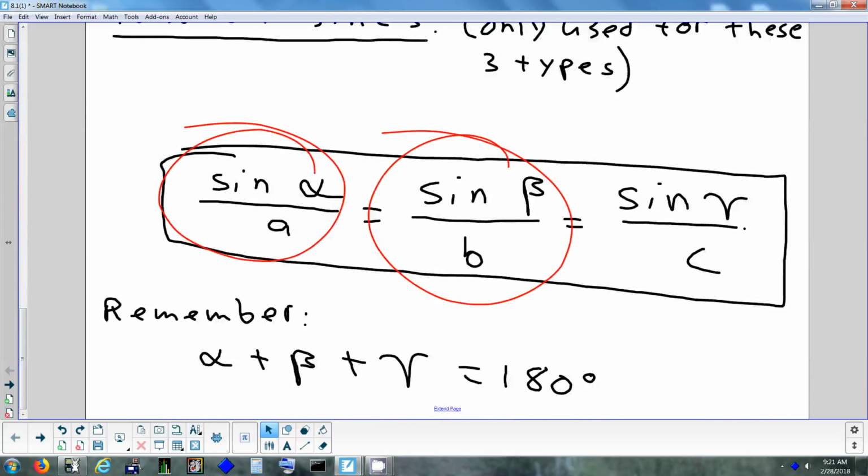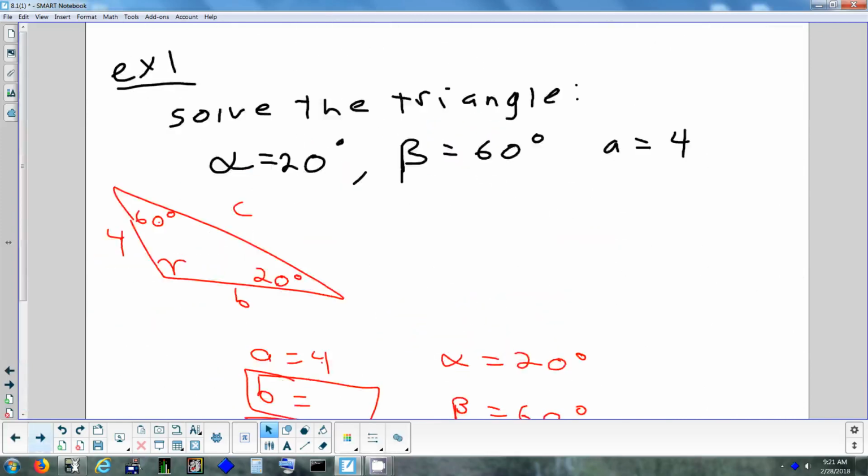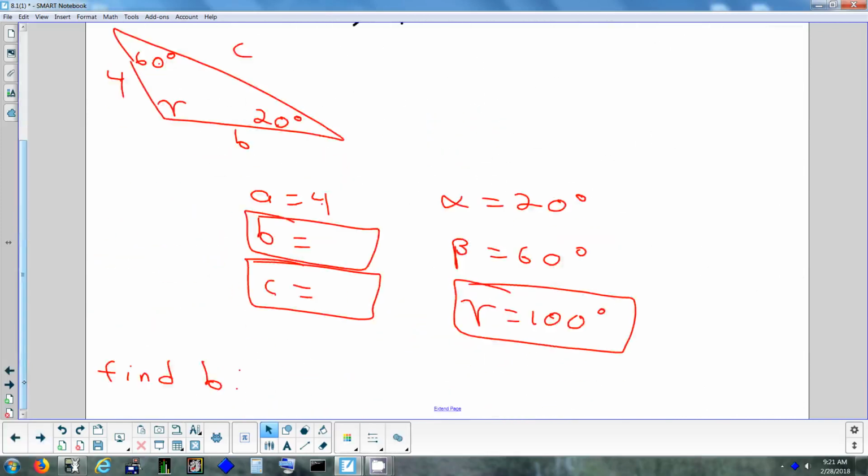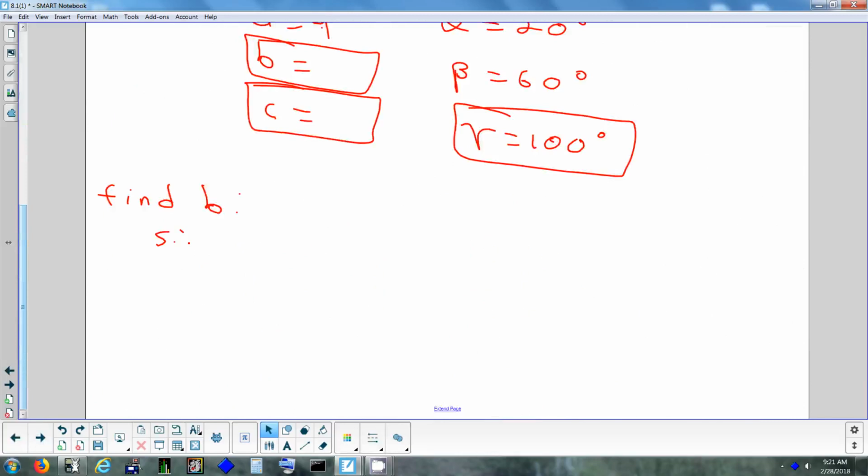For now, I'm not using the third part. So sine of alpha over A. Let's fill that in. Sine 20 divided by 4 equals, and now we need sine beta over B. Sine 60 over B. What is that thing called that I just created? I have a fraction with another fraction and an equal sign between them.